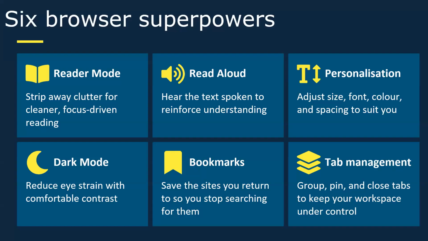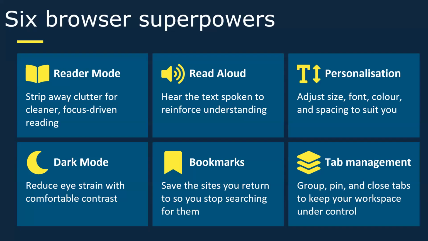The first one is reader mode. And these features are at the heart of digital freedom. Most browsers have them. Most learners have never been shown how to use them. Reader mode, which is built into Edge and Safari and Firefox, or plugins in other ones, removes all the clutter. So rather than seeing the content and navigation and extra blocks, it's just the content in a size and a font that you want, with colors and backgrounds that you feel comfortable with.